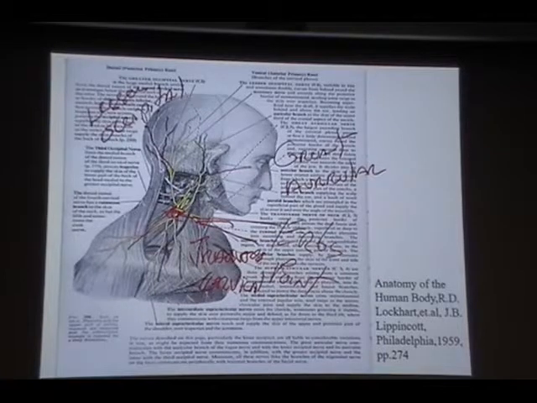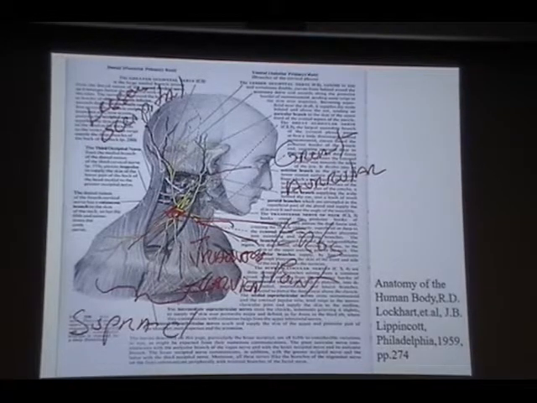These are referred to as supraclavicular nerves. Okay, so these are 4 branches that are coming anywhere as high as C2, as low as C4. Okay.